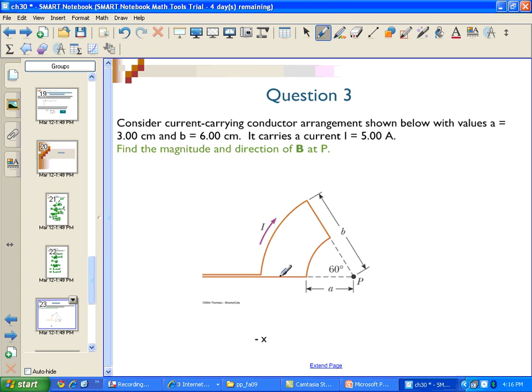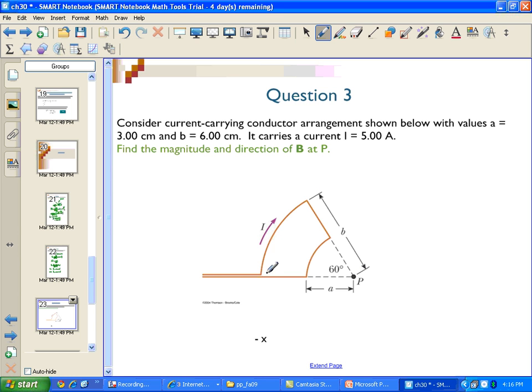Here, we consider a conductor which has essentially 1, 2, 3, 4, 5 parts. 3 of the parts are straight and 2 of them are curved, making an angle of 60 degrees with the point P where we're trying to determine the magnetic field.